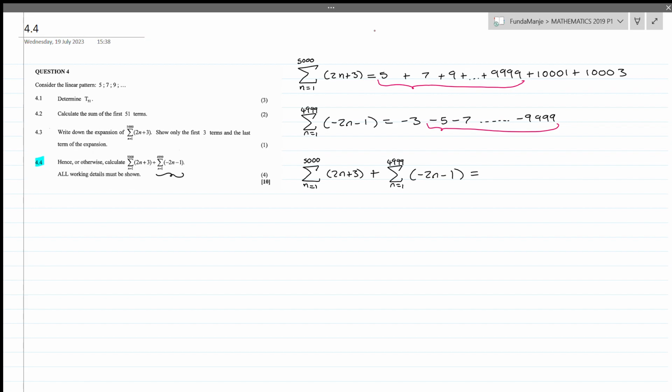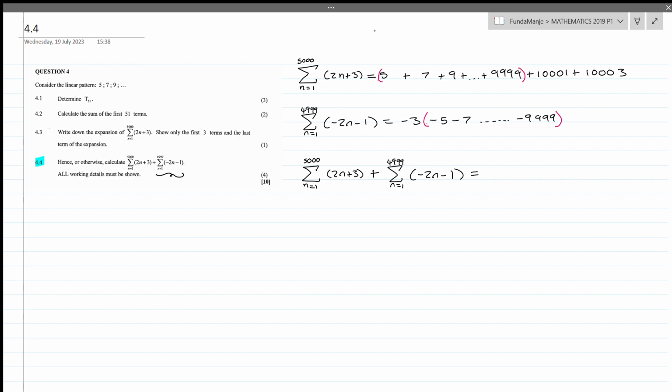So what would happen is, if we were to take these parts that are similar but opposite in signs, they would cancel each other out. So all the terms here from the third up until 4,998, and here from the term number 2 up until the last term, all of them will just cancel out.